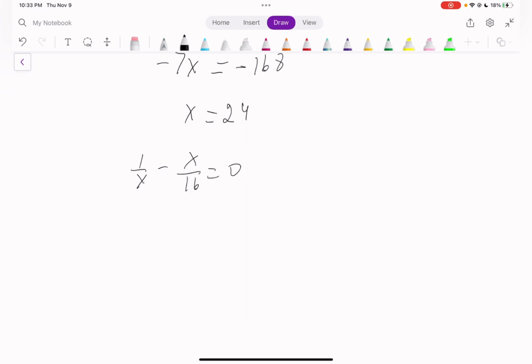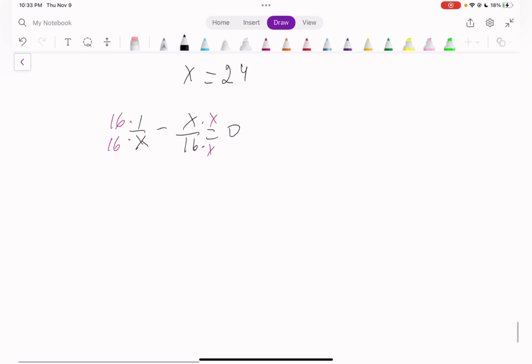So the common denominator is 16x, right? Which means here multiplying by 16, here multiplying by x, and we are getting, I'm glad I decided to solve because this is different. We're getting a quadratic equation, looks like. 16 minus x squared equals 0.